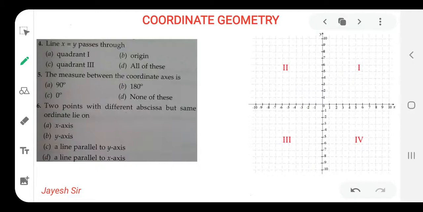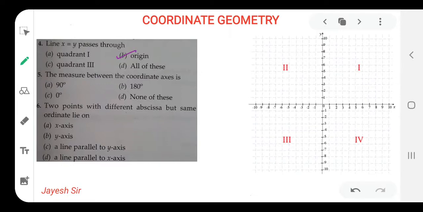The line passes through points like (1, 1), (2, 2), (3, 3), (4, 4), and similarly (-1, -1), (-2, -2), (-3, -3), (-4, -4), and also (0, 0). The line is passing through the origin, so our answer is option B.